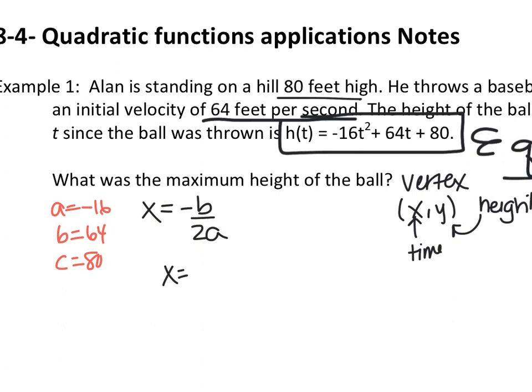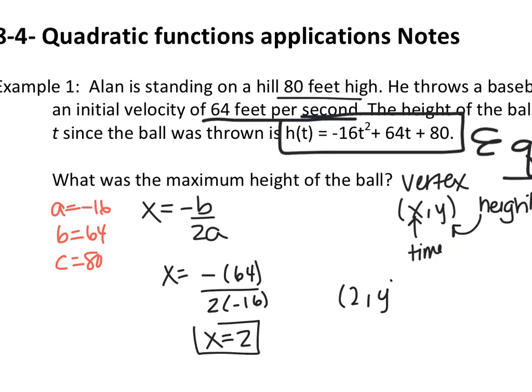I get x equals negative parentheses 64 all over 2 times negative 16. And I type that into my calculator and I end up getting 2. That's telling me that x has to be equal to 2 at my axis of symmetry.